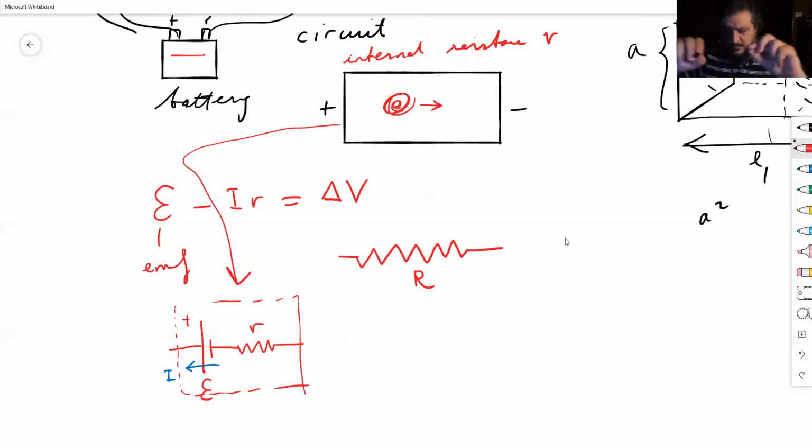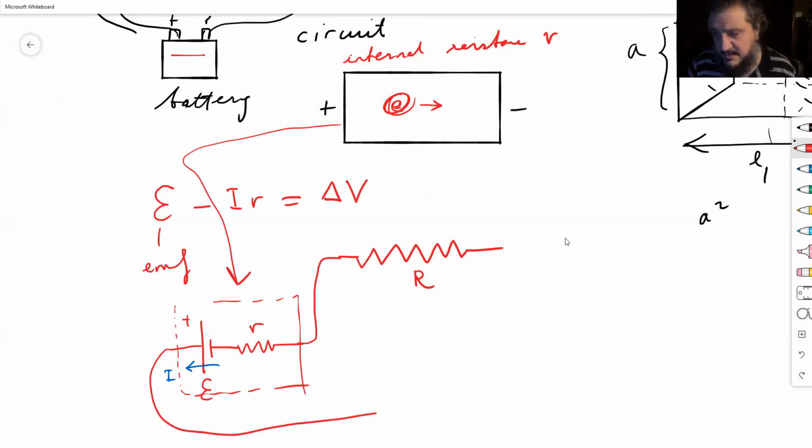Now, if you complete it to a circuit, this means you're now adding this load and joining the other end to the load. Now you have a circuit. So this current goes through the battery, and schematically it's going through the little r, the internal resistance, as well.